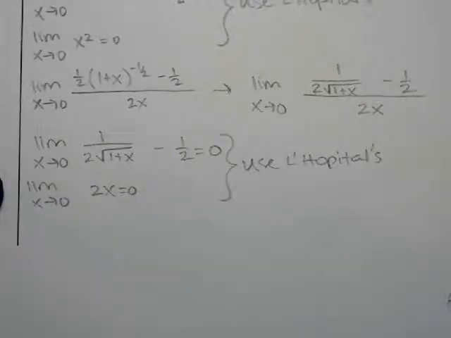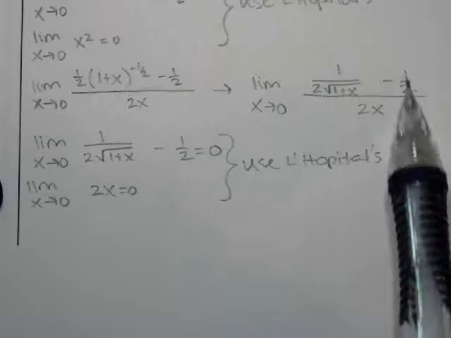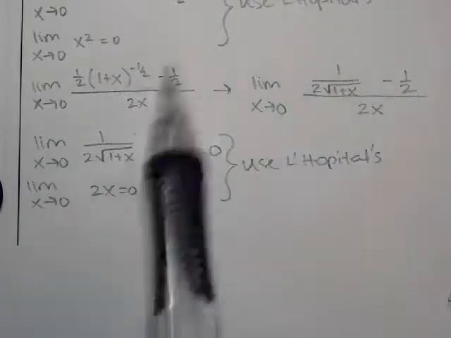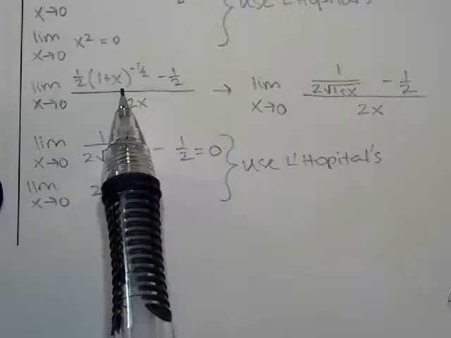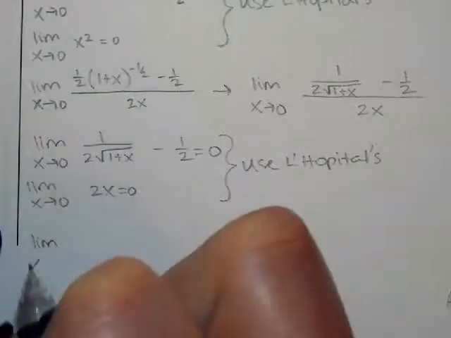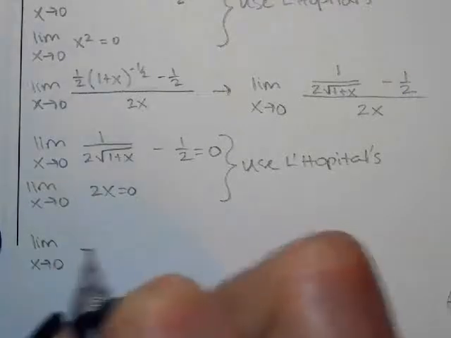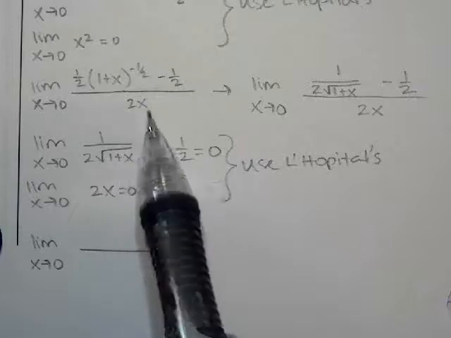All right, so now we're taking the derivative again. I'm not going to take the derivative of this one because that's hard on my brain. I'm going to think of taking the derivative of this one. Are we comfortable with that? Okay, so I do have to show my work. I'm going to do the derivative of the bottom because that's easiest. So the derivative of 2x is 2, okay.